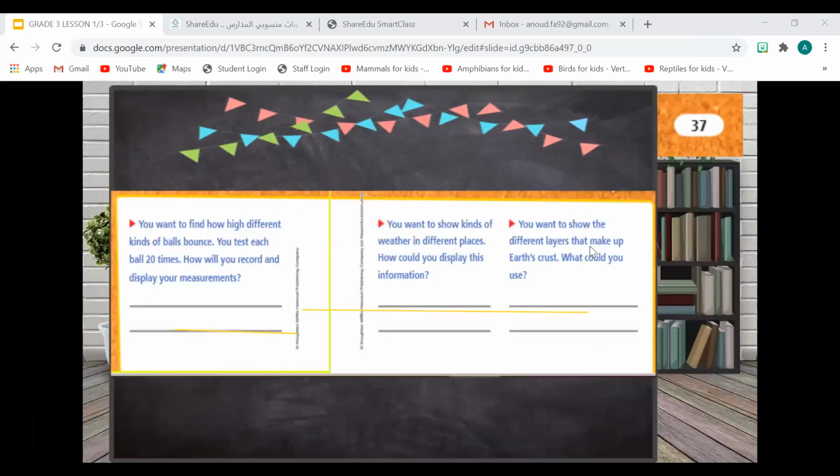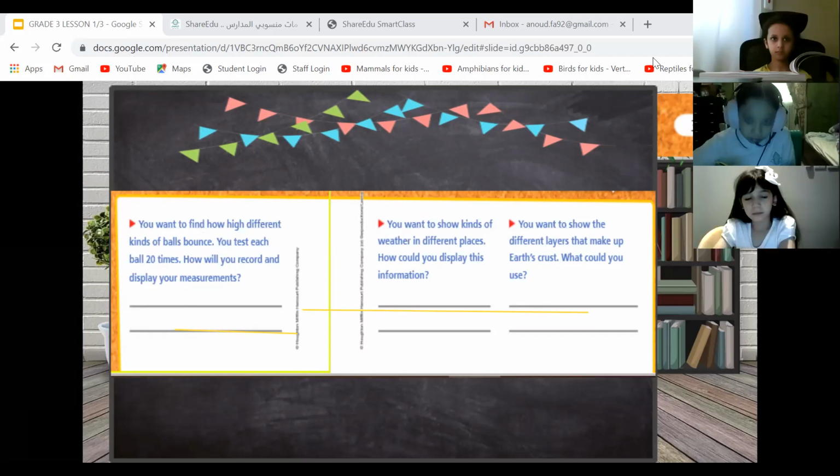Now, let's go to page 37, everyone, and try to do this one. You want to find how high different kinds of balls bounce, okay? You test each ball 20 times. How will you record and display your measurements? Can someone tell me? How will you record your measurements?